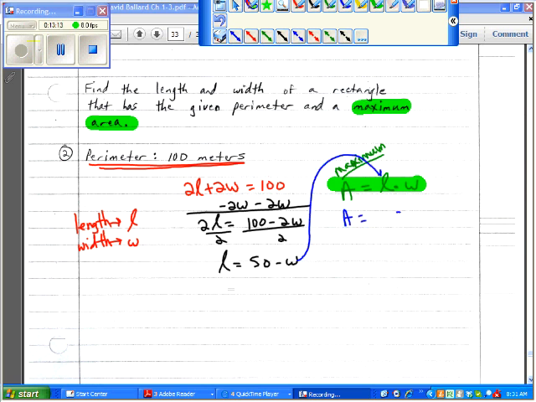That'll give us area is equal to length, which is 50 minus W, times W. We need to distribute the W. We're going to have area is 50W minus W squared. So we have the area written in terms of the width, and we want to maximize area.